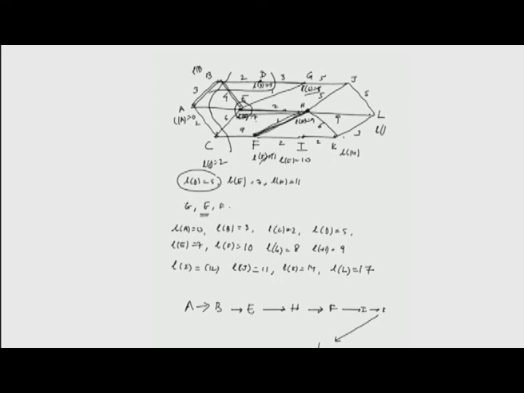So, capital L is going to be 17, and that is the shortest path.